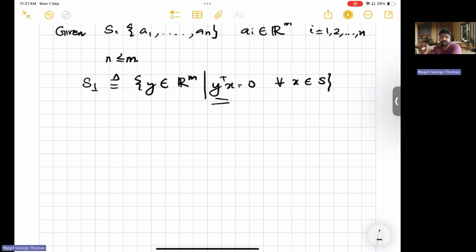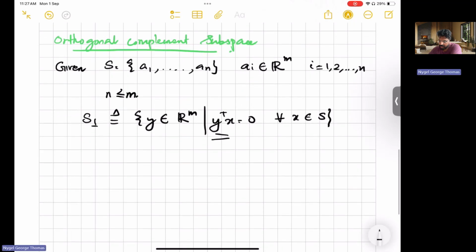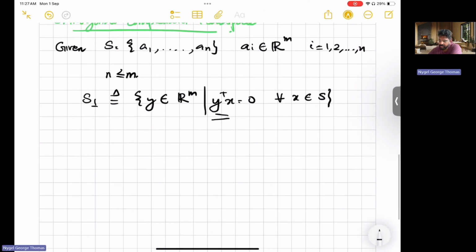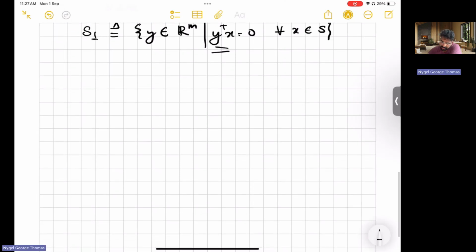The set of all such vectors is called the orthogonal complement subspace of that particular subspace S. So if you have an S, you can define an orthogonal complement set for that S. So it is a subspace. We can prove this.